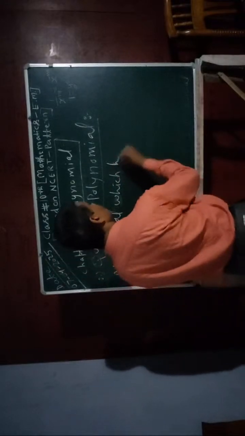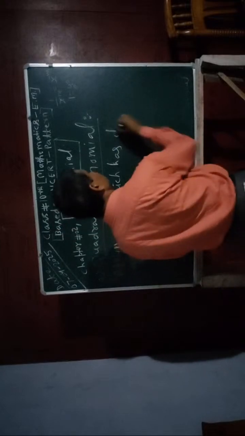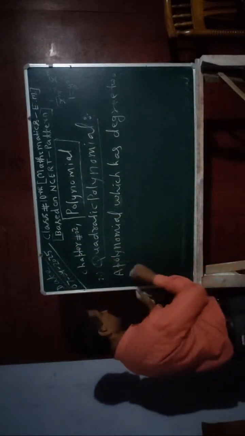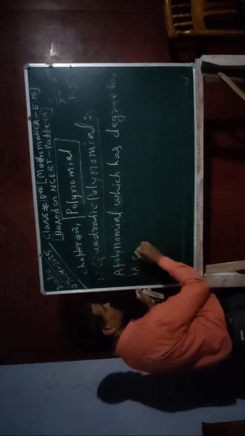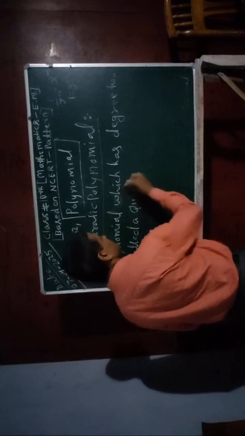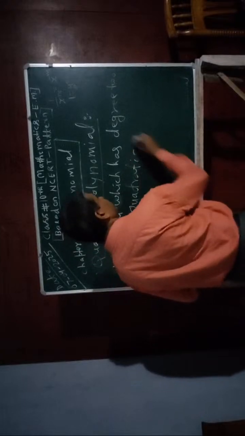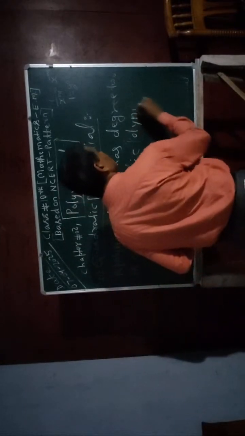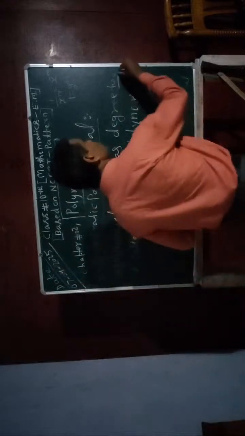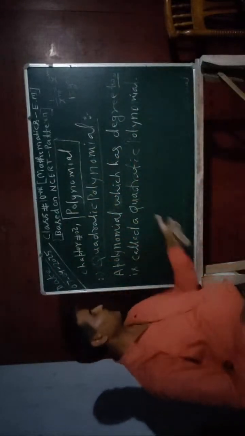A polynomial which has degree 2 is called a quadratic polynomial. A polynomial which has degree 2 is called a quadratic polynomial.